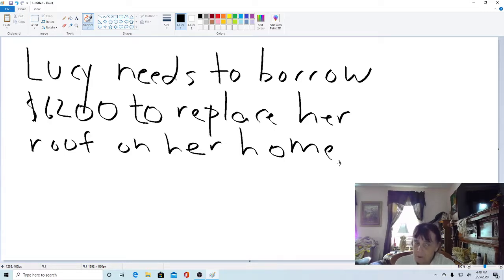Now, one of the things about a word problem is you need to read the problem very carefully, and make sure you understand what you're reading.